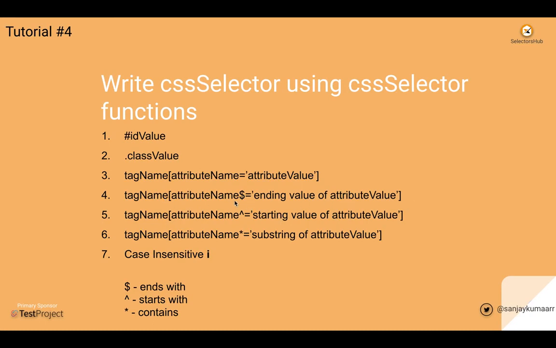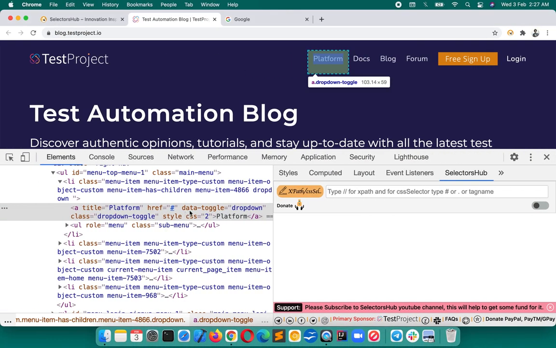Dollar. If we want to write a CSS selector for the ending value, we want to pick only the ending value. So for an example, let's say we want to write a CSS selector for all those elements which have title as form in the last.